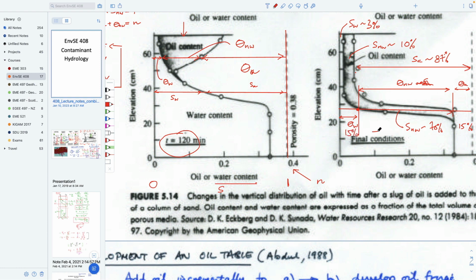So 15 plus 70 plus 15 is indeed 100. And it mimics exactly what we have. We have a lens.